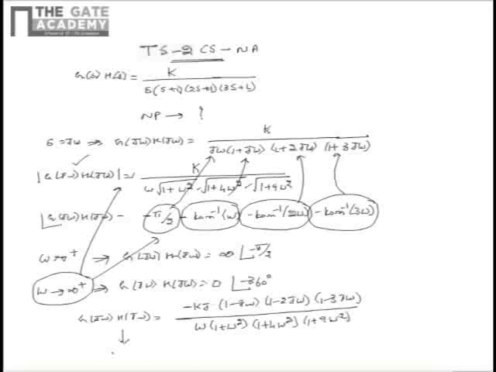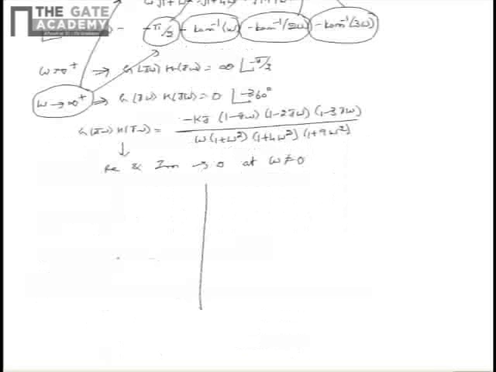From this we can see that the real part and imaginary part become 0 at omega not equal to 0. Hence we can say that from omega equal to 0 plus to infinity, the Nyquist plot of the control system intersects the real axis and imaginary axis.